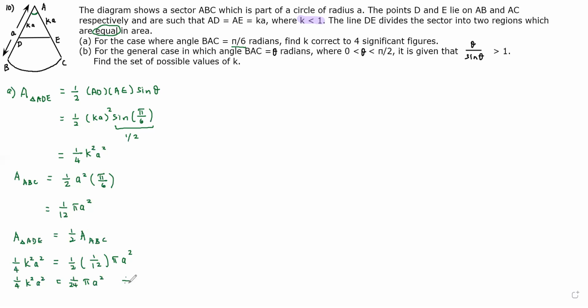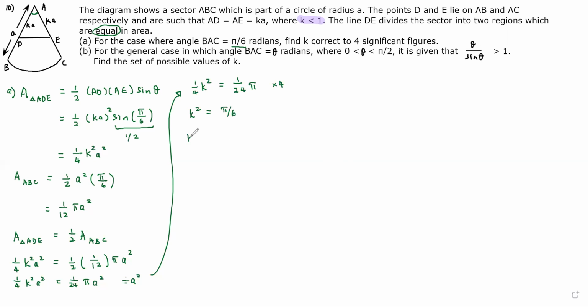We can just divide throughout by A squared since A is a non-negative number. Dividing throughout by A squared, we have 1 over 4 K squared equals 1 over 24 pi. Multiply throughout by 4, K squared is pi over 6.